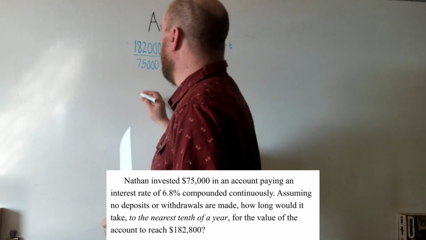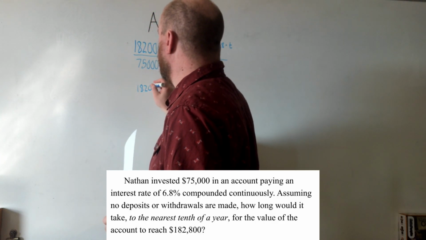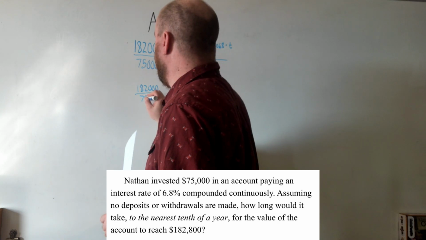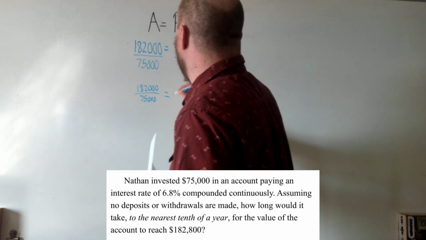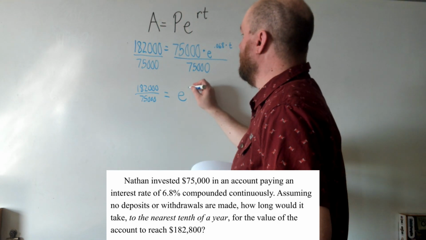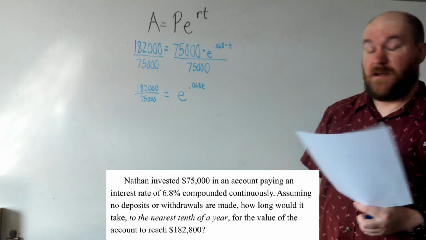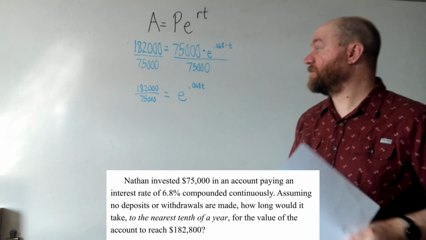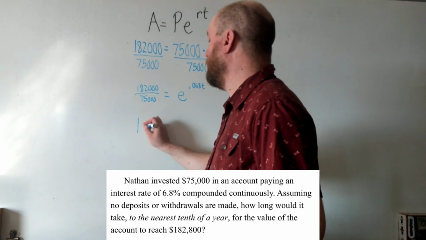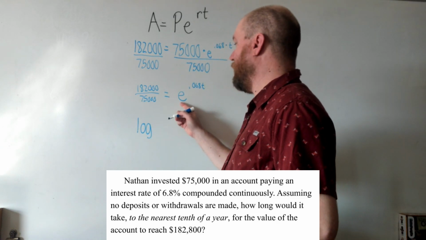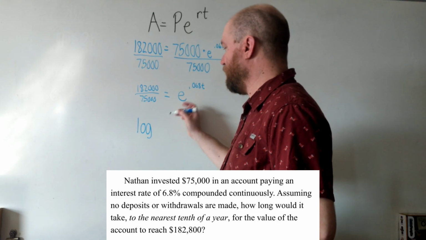So again, I'm just going to leave that as 182,000 divided by 75,000. And this works out to E to the 0.068 t. Now I'm ready to use logs. So remember, the base of the log is the base that the exponent was attached to.